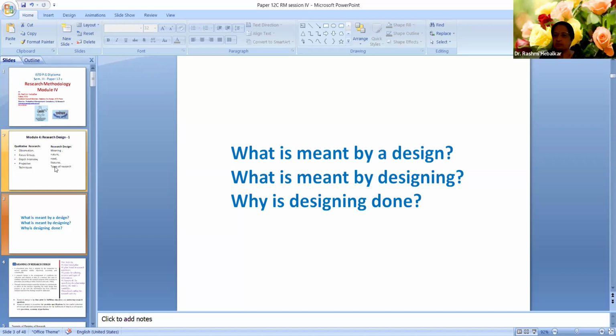Correct, correct. So when we design anything, first exposure to the design that comes to mind is jewelry designing, or when you go to a tailor, you don't say design whatever you want or sew whatever you want. We have some objective. It depends on where we are going to wear it, why we are going to wear it in that particular situation, what the objectives are, and n number of things.